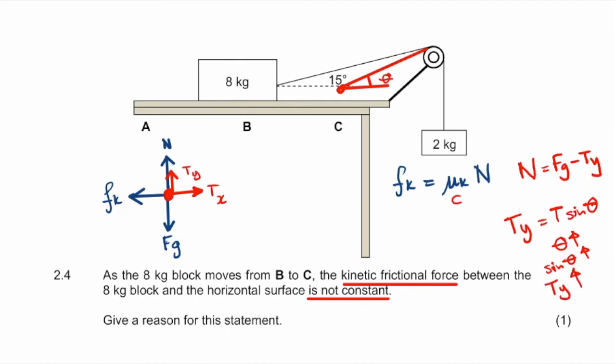But you get the normal force from gravity minus the y component. So if you've got a bigger y component, that tells me that my normal force is now going to be smaller. And if my normal force is smaller, that tells me that my kinetic frictional force is going to be smaller.